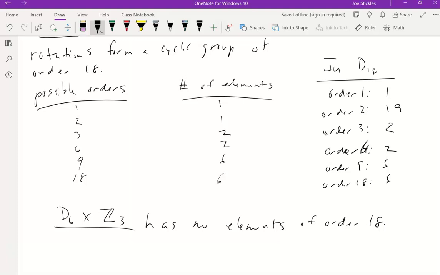Can any of the first 3 groups be isomorphic to any of the second 2? No, because the first 3 are abelian, the second 2 are not. So Z36 was cyclic, 2 are abelian groups, 2 are non-abelian groups, and they can't be isomorphic to each other.